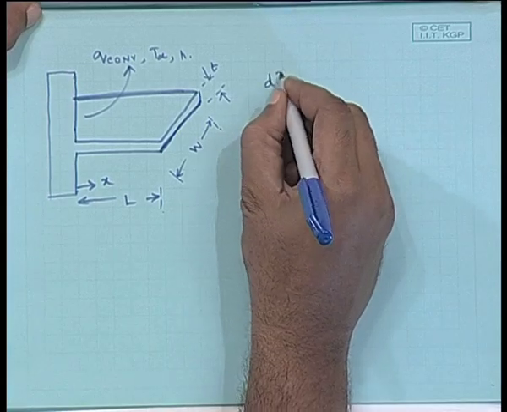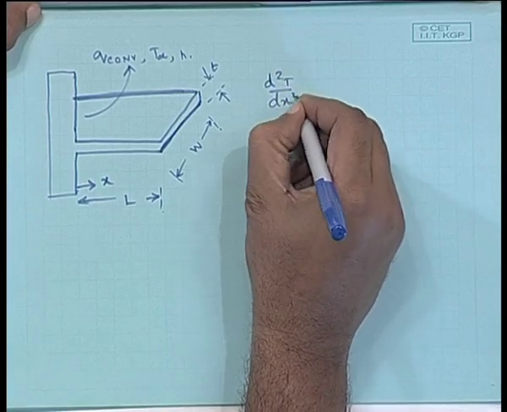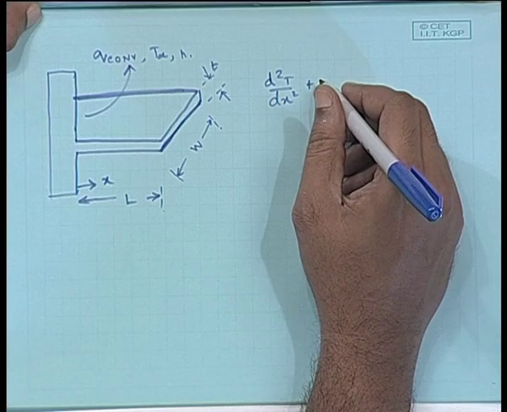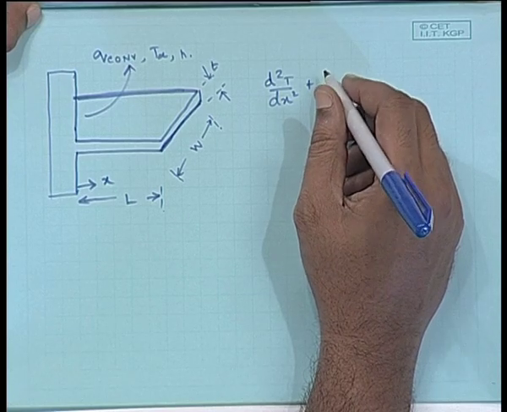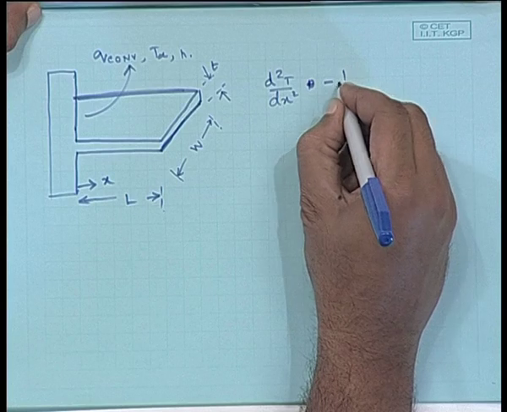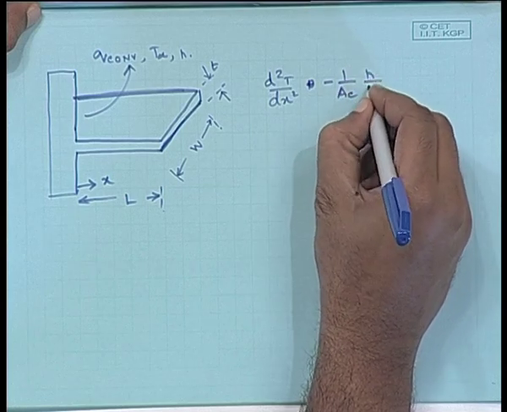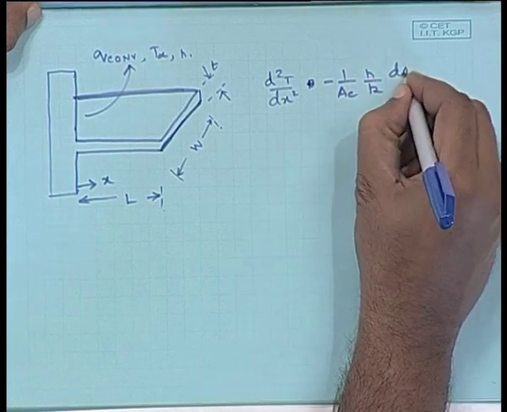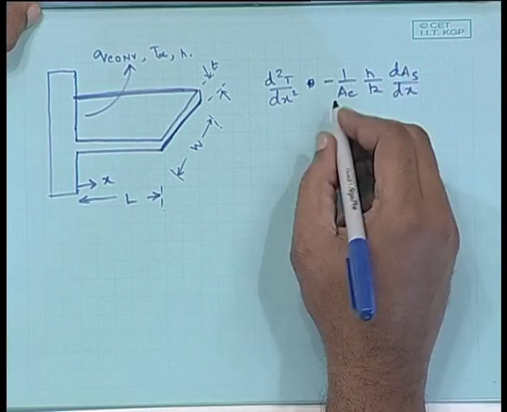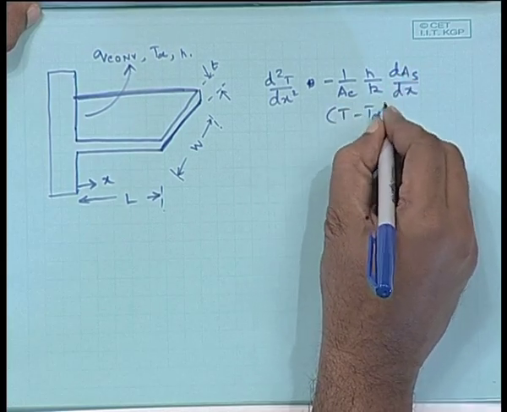My d2T dx square would be there. The term containing Ac or dAc dx would not be there, but it is going to be 1 by Ac h by k dAs by dx times T minus T infinity equal to 0.